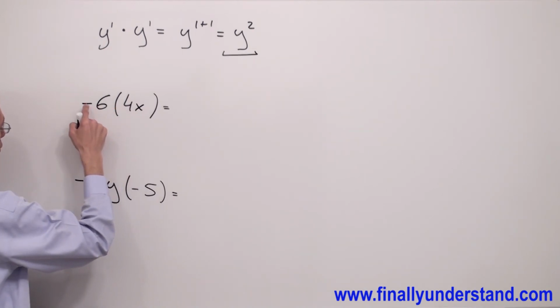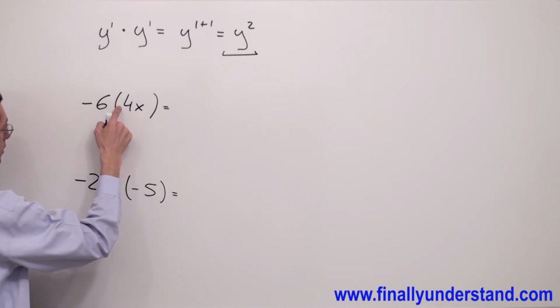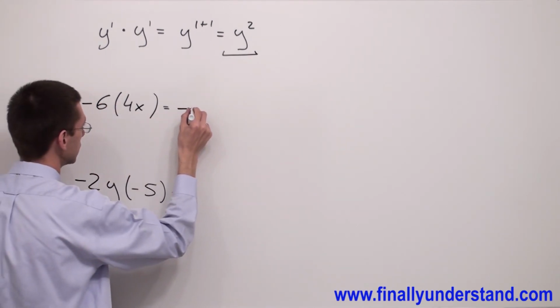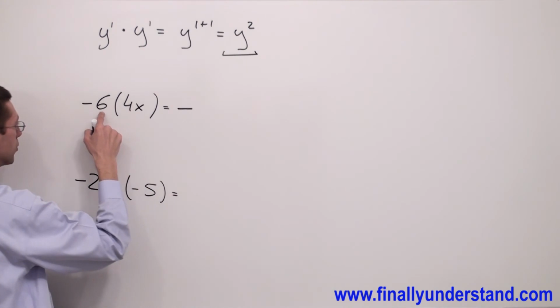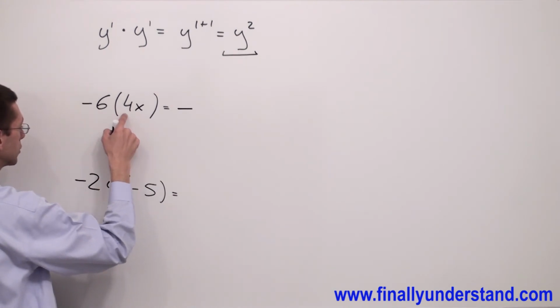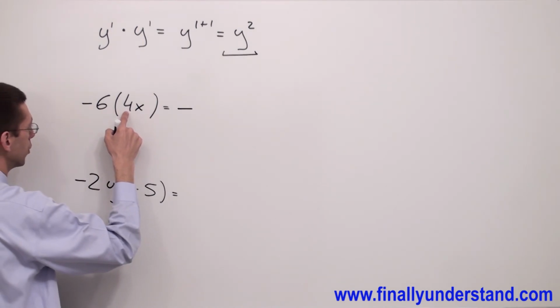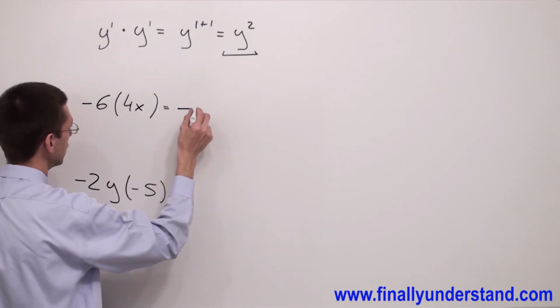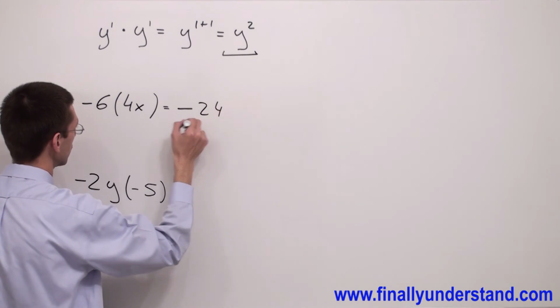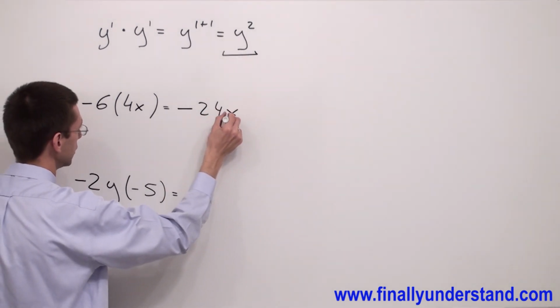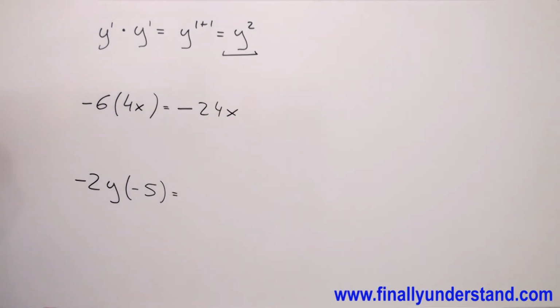So that's why I'm going to multiply the signs first. Negative times positive will give me negative. Next, I have to multiply the numerical integers. So I have 6 times 4 is equal to 24. And in this case, I have to just copy x. This is the solution to my problem.